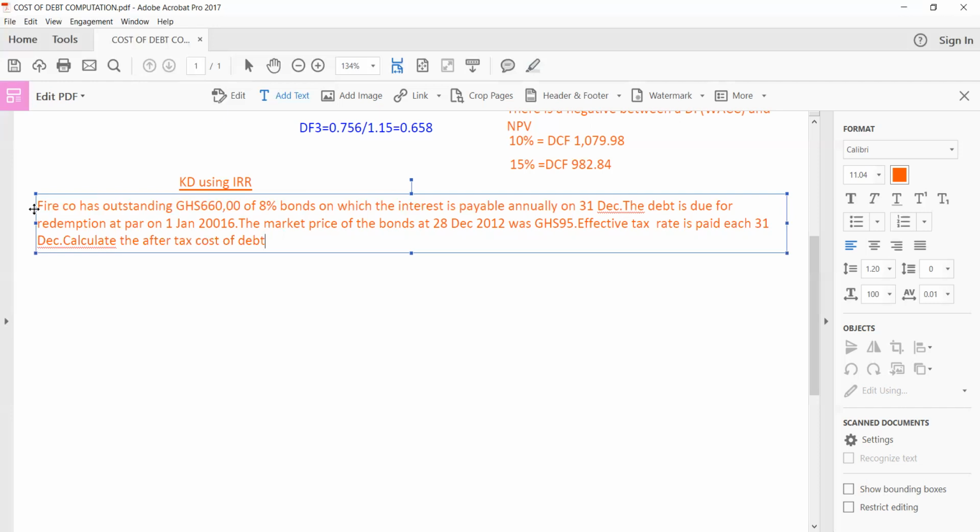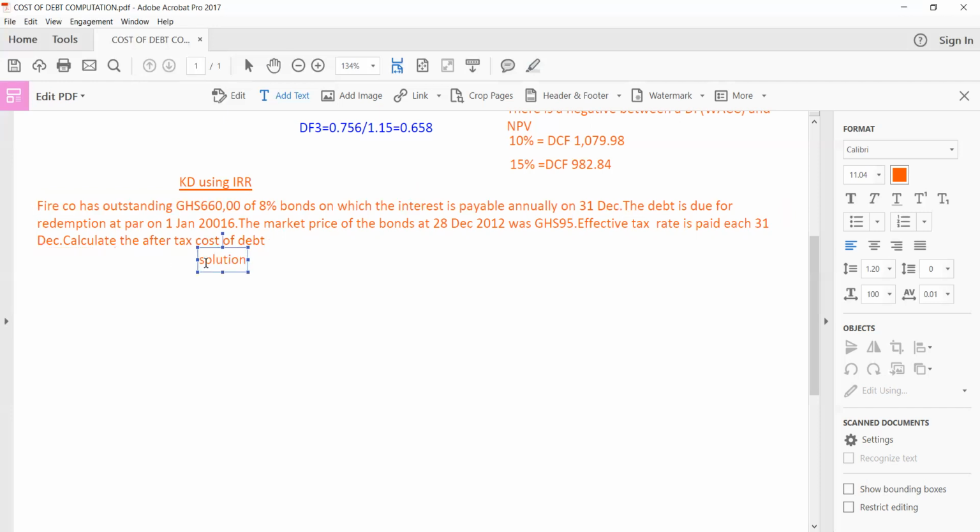How do we go about getting this question done? So move on to the solution. The examiner wants you to calculate the KD in the formula of WACC, which we know.